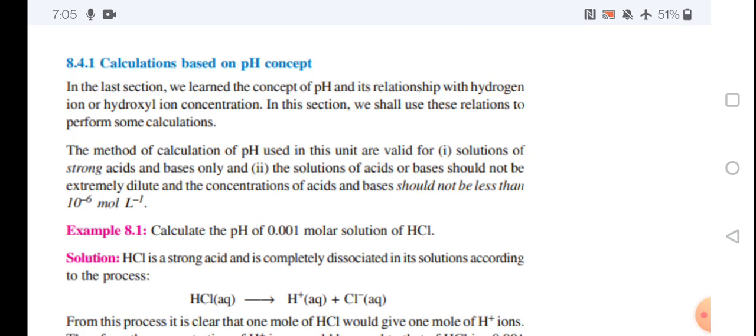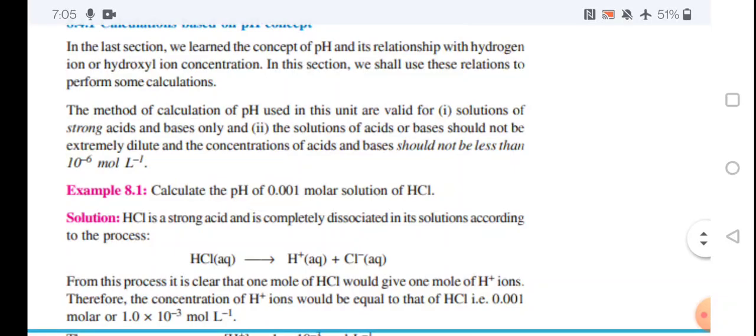The method of calculation of pH used in this unit is valid for solutions of strong acids and bases, solutions which are not extremely dilute, and the concentration of acids and bases should not be less than 10 to the power of minus 6 mole per liter.